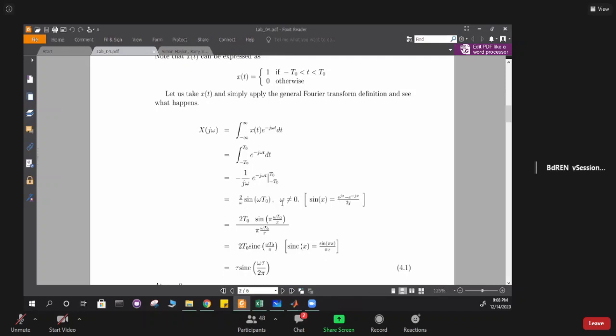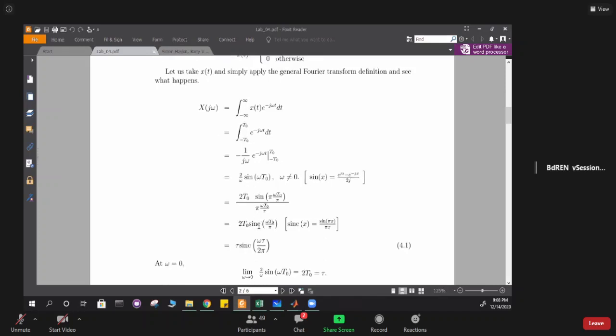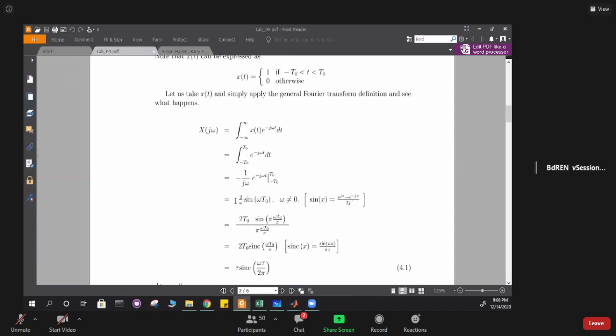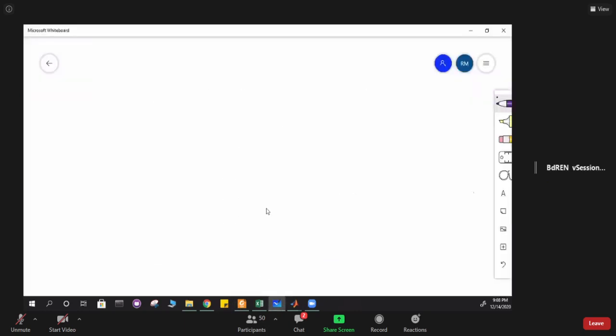Before going to that, let me ask whether you have heard about the sinc function or not. Yes, sir. Okay, the sinc function has definite attributes. So let's start from here on the whiteboard. If I draw the original signal, it is from minus T0 to T0, our x(t), and we have t. There is another variable called tau.